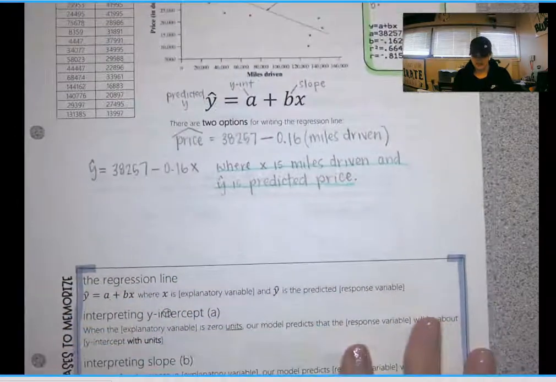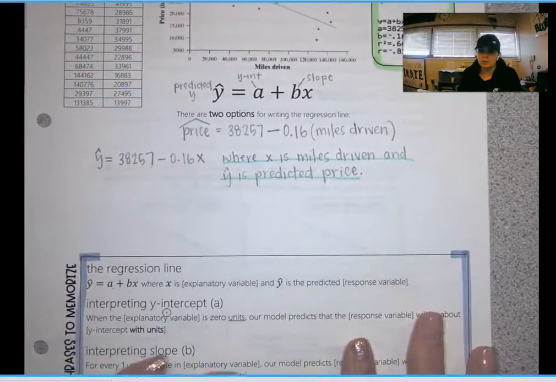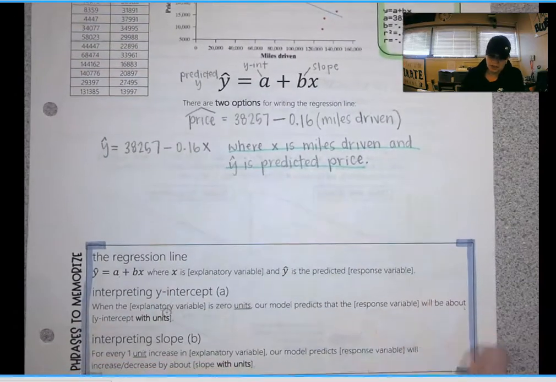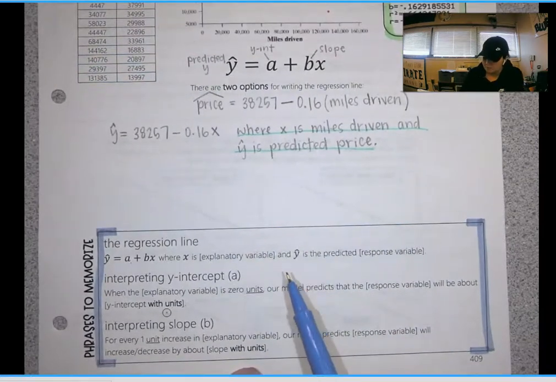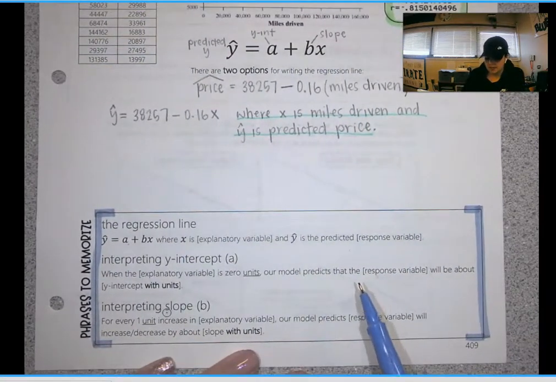Now in this lesson, we are going to interpret our regression line, and the AP board is very picky about how they want you to interpret slope and y-intercept. So I have included those in our phrases to memorize down here.